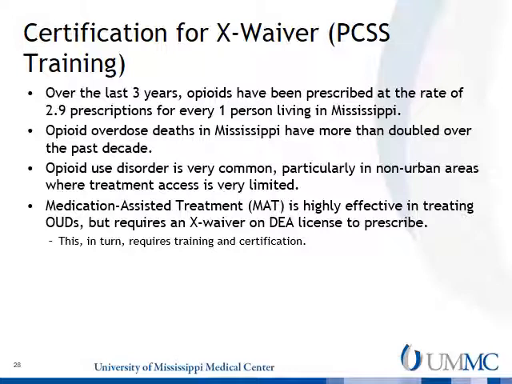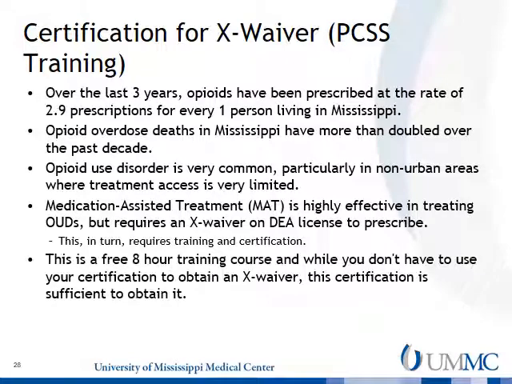However, an X waiver requires training and certification. One goal of this course is to make sure each of you has the training and certification for an X waiver, if you choose to get one. PCSS offers medical students a free 8-hour training course, and while you don't have to use your certification to obtain an X waiver, this certification is sufficient to do so.